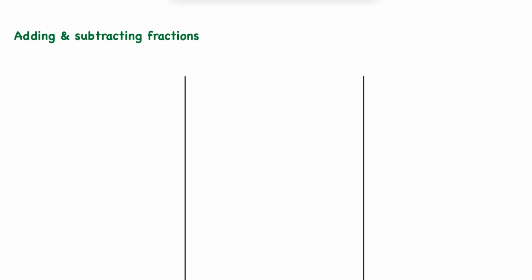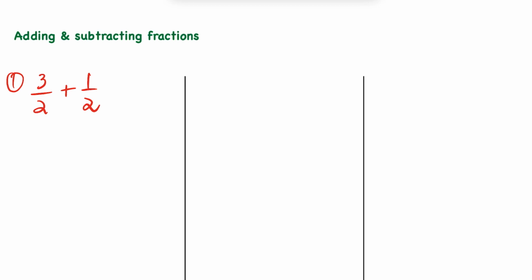Now let's look at number 1. I'm going to take this problem, which is 3 over 2 plus 1 over 2. When adding or subtracting fractions, you look at the denominators. If the denominators are the same, you continue adding them.